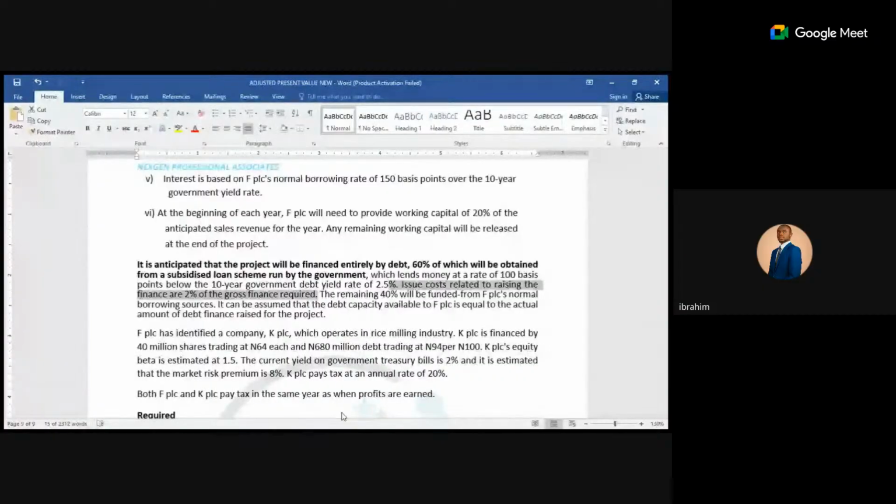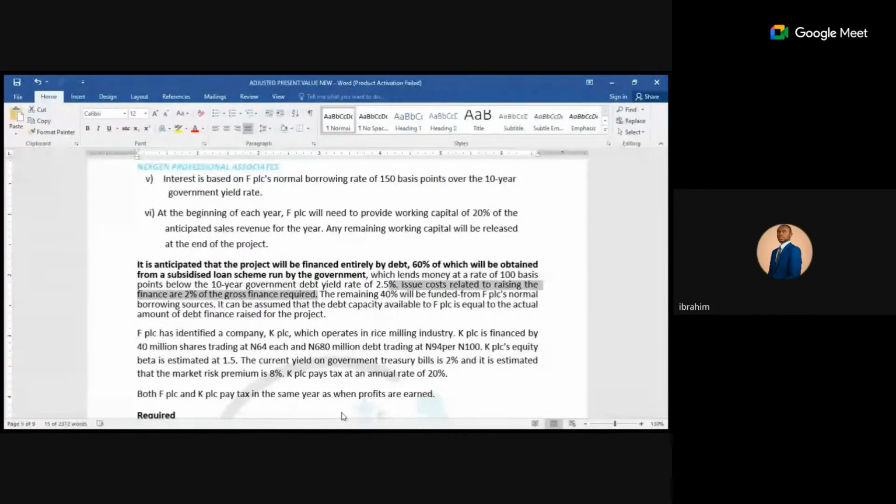And we should not forget, the tax savings on issue cost is always on debt. But when a project is being financed entirely by debt, you have to include the subsidized and the commercial.